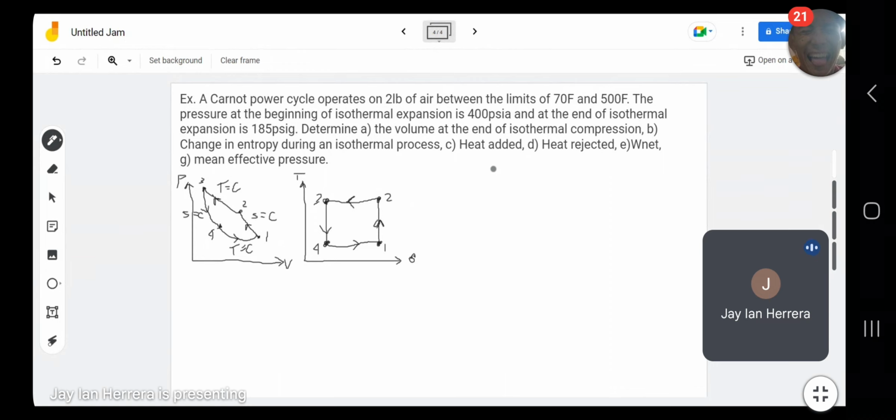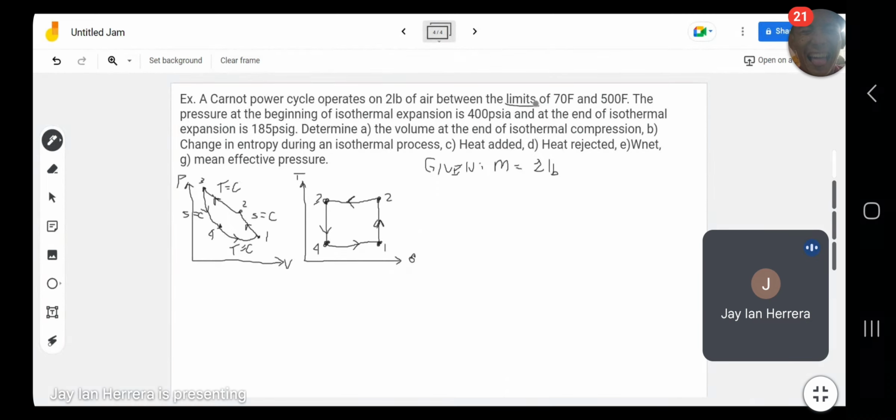So meron tayong mga given. Given muna: mass natin is 2 pounds of air. Meron din tayo dito limits.